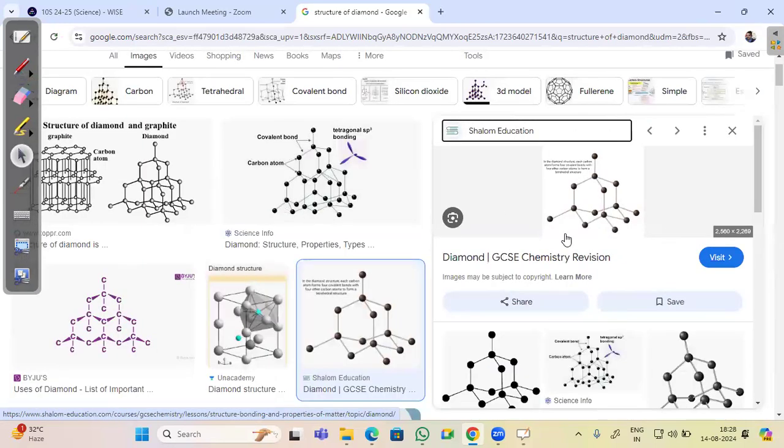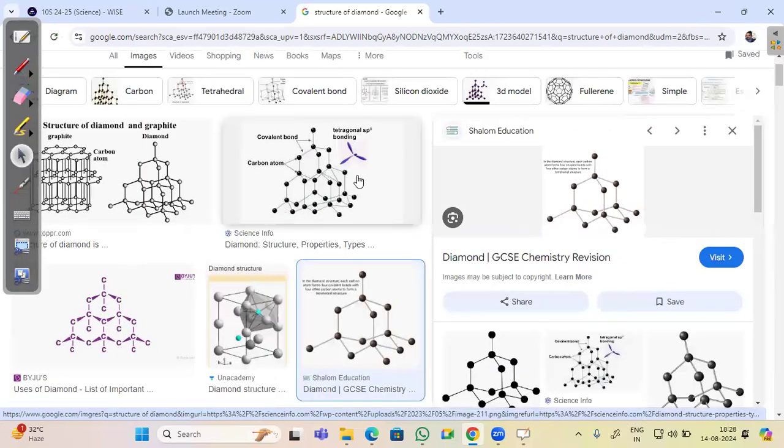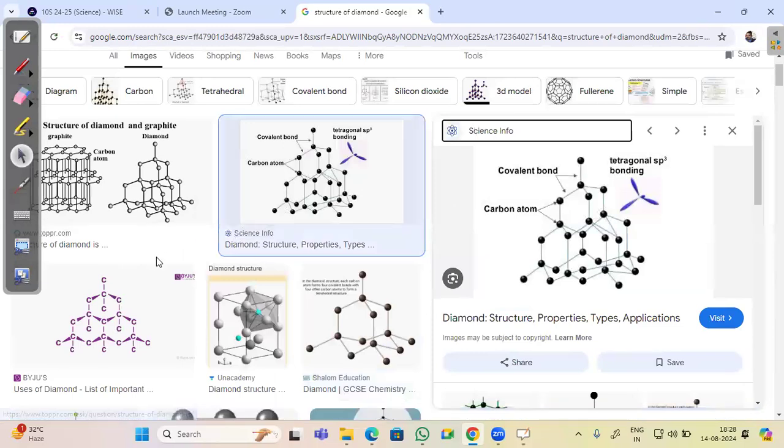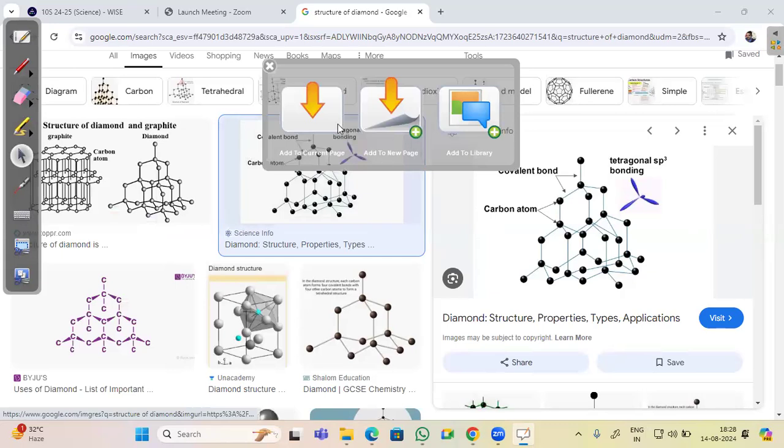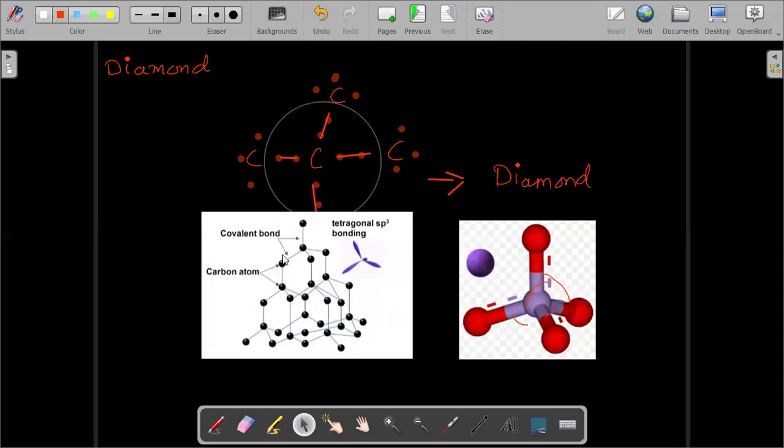Got it? The tetrahedral structure. Each carbon is covalently bonded to 4 other carbon atoms to obtain the tetrahedral structure. So this is the structure for diamond.